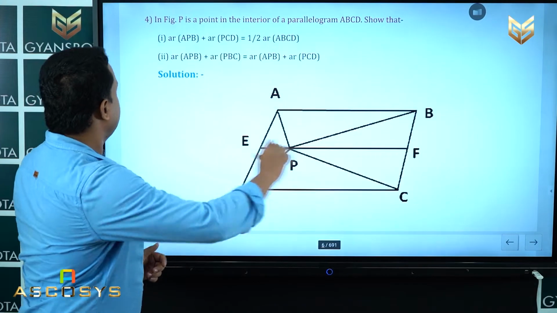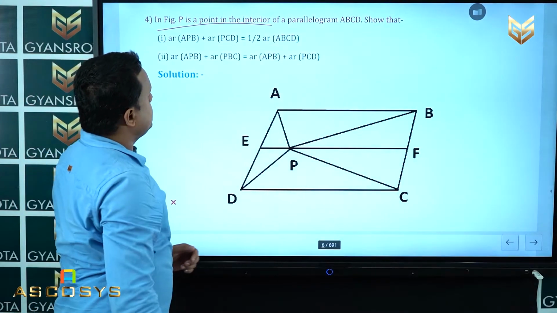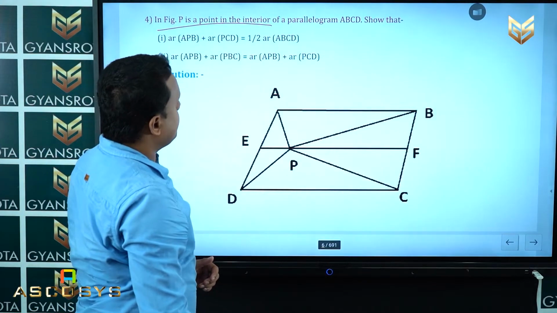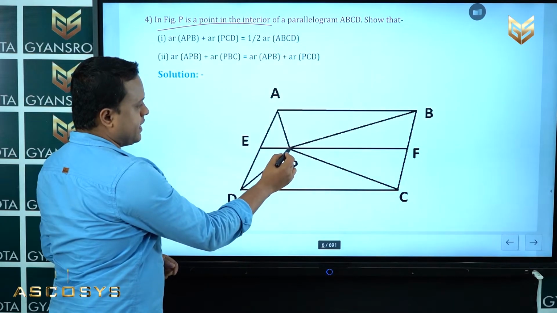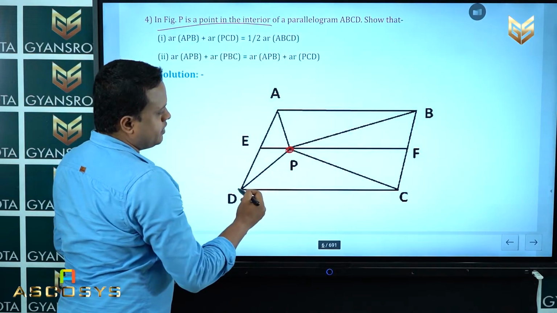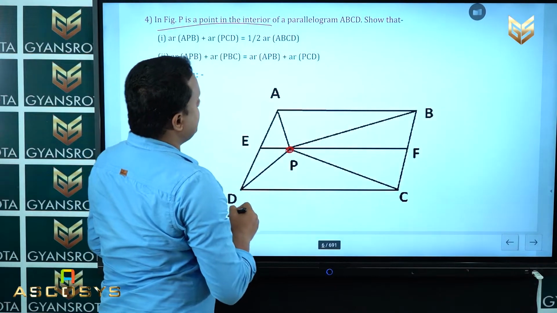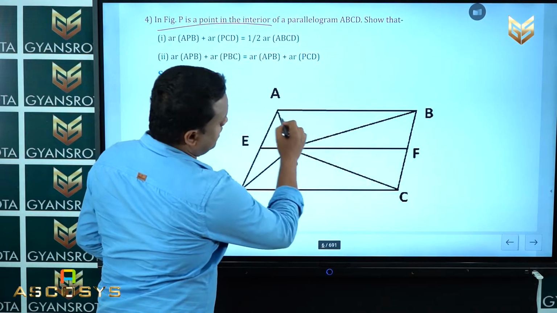In this problem, we have P, a point in the interior of a parallelogram ABCD. Okay, so this P is any point in the interior of the parallelogram ABCD.